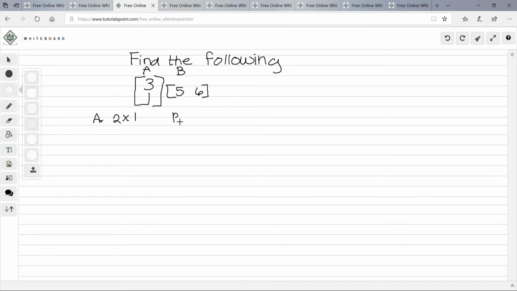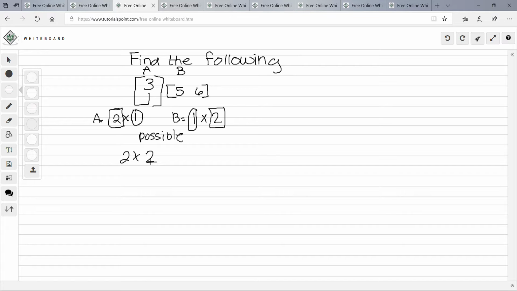And matrix B goes by rows and columns, so it's 1 row and 2 columns, so it's a 1 by 2. So these numbers are the same, 1 and 1, so it's possible. Now we have to look at the other numbers. We have a 2 here. I'm going to box this 2, and then I'm going to box this 2. So our new matrix is going to be a 2 by 2.